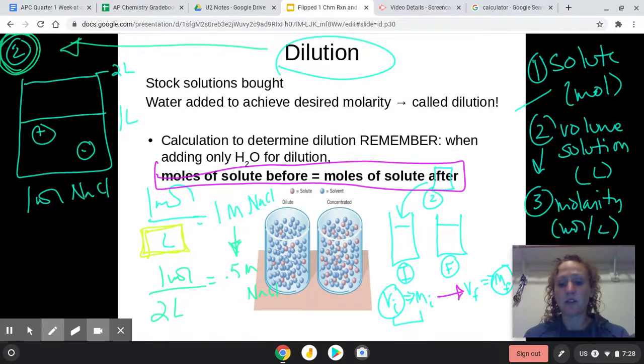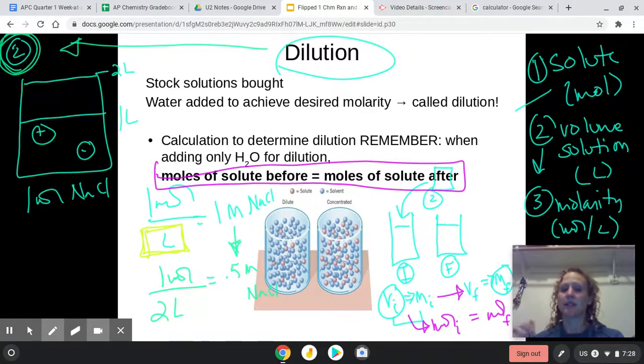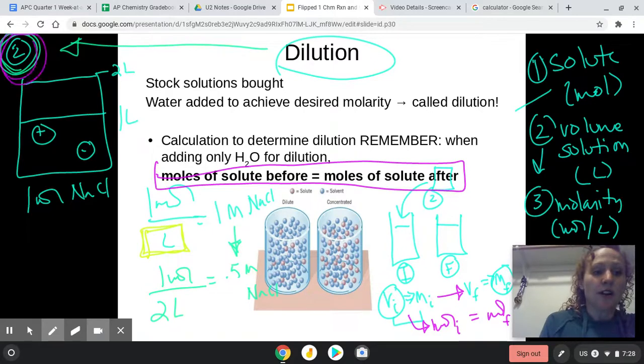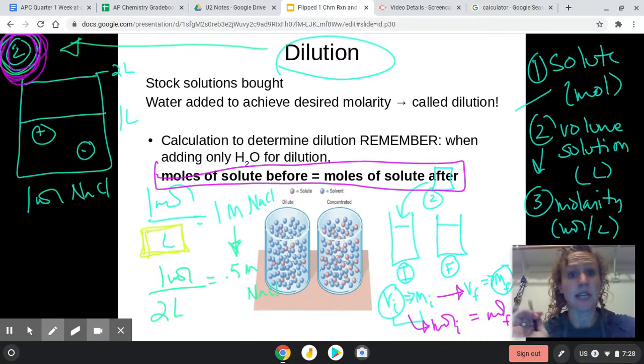Because if you can figure out moles for one, then you automatically have moles for the other, and you don't necessarily need to calculate it, right? If we're just adding water, we're not messing with the moles at all. So that is the key to all the math. If you can get to moles of one, you have the moles of the other, because moles doesn't change. Volume does, molarity does, moles do not.